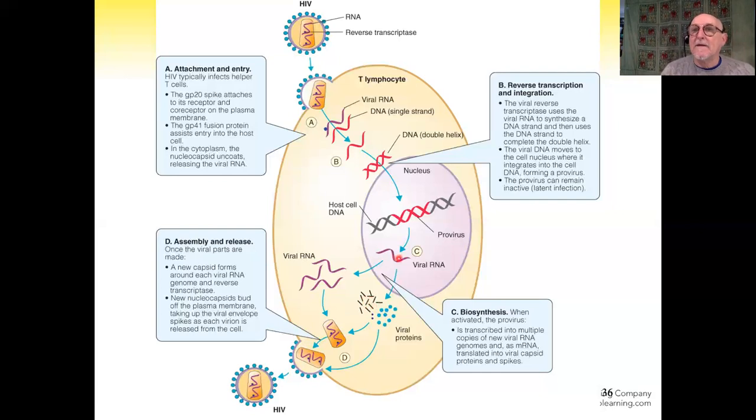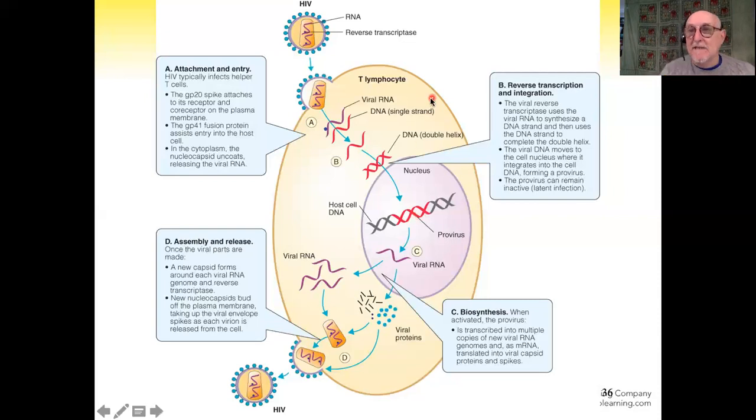So let's just say this is actually a helper T cell. It's been infected with HIV, and initially it's not affected at all. Initially, in actual fact, it may be completely unaffected by this process because the virus remains completely silent as a provirus.